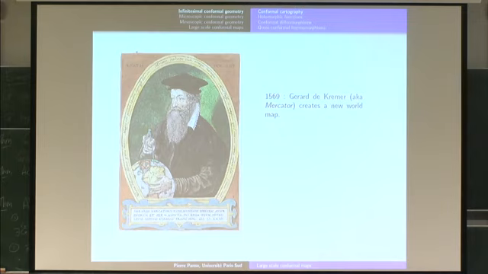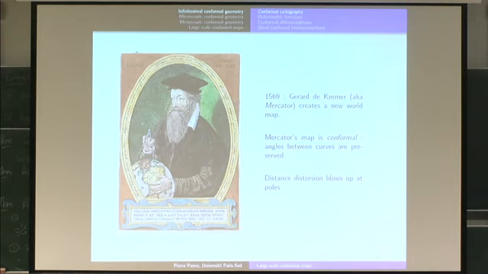This person, Gerhard de Kremer, is the inventor of the Mercator map, the planisphere, and his map was designed to be conformal. Conformal meaning that angles measured on the Earth are equal to the corresponding angles on the map.